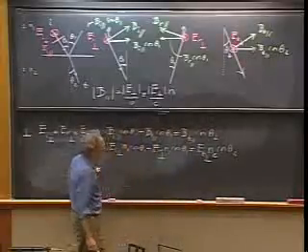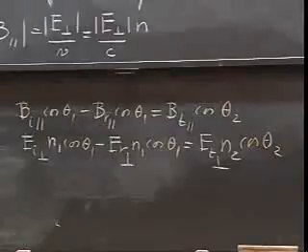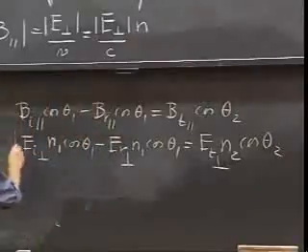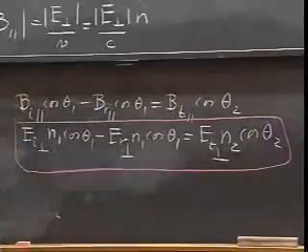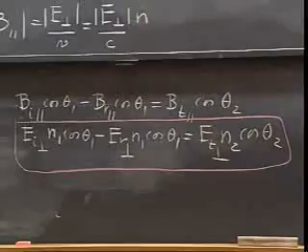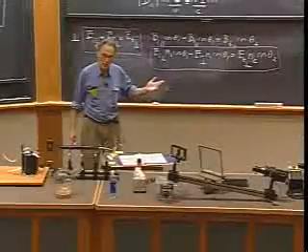And I have killed all C's. And now, we're practically done. Look at this equation. And look at this equation. If you know N1, N2, and theta 1, Snell's law gives you theta 2.